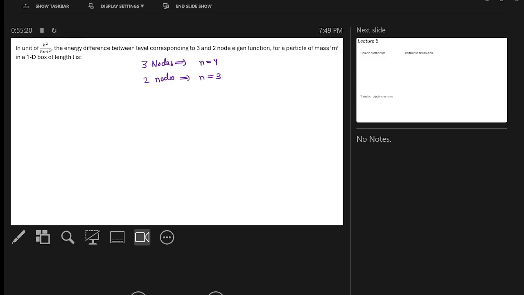So for n equal to 4, we can write energy. General formula of energy is n square h square by 8 m l square. So we say this E4 is 16 times h square by 8 m l square, and E3 we say 9 times h square by 8 m l square.